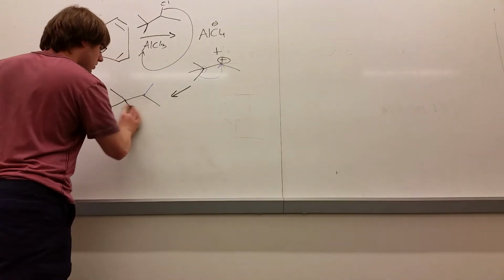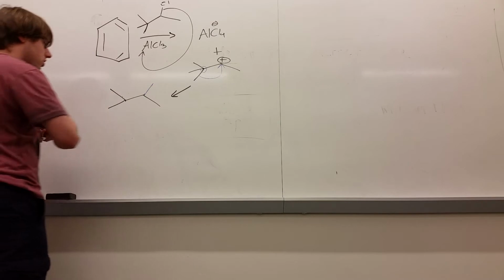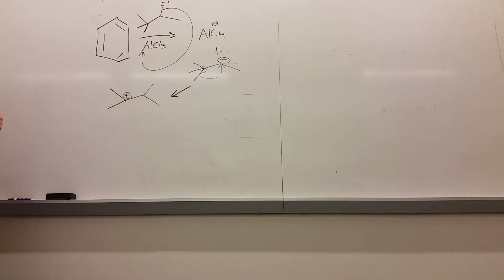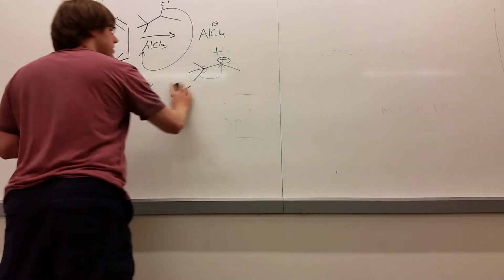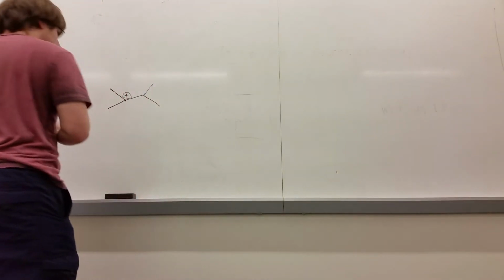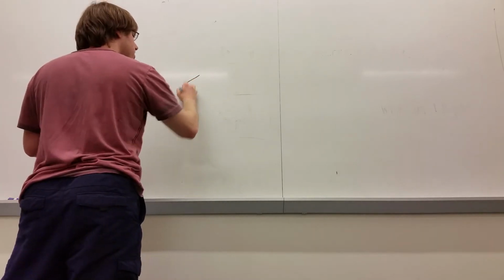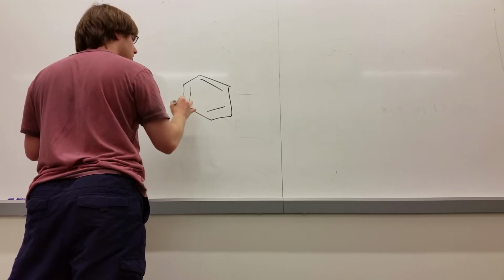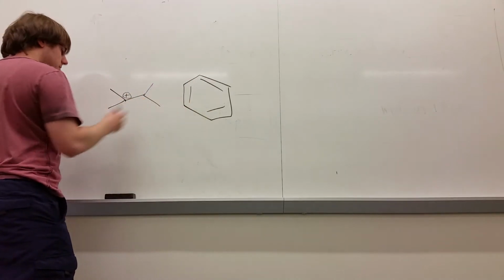So, back to this. We have this positive charge right here, and we know that is going to interact with our benzene. I'm going to erase this, give myself a little more room. We have our benzene. The only thing in benzene that has electrons that can go out and do reactions and make bonds are the double bonds within that benzene.